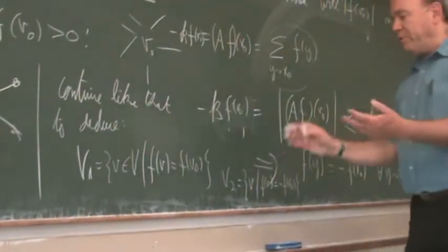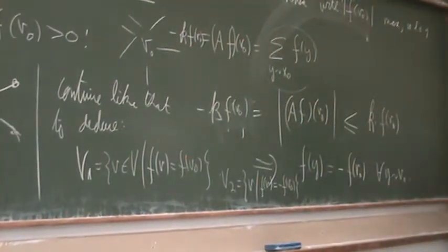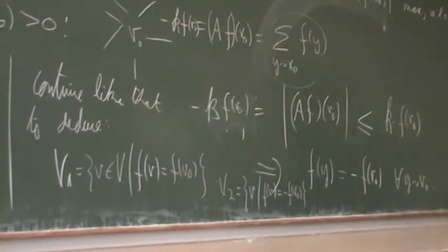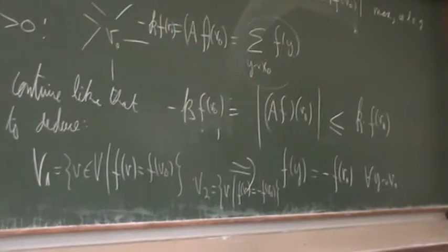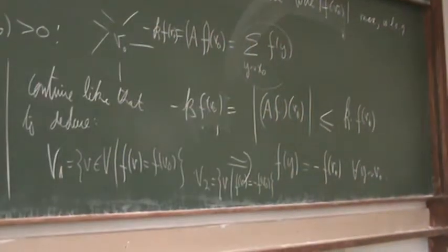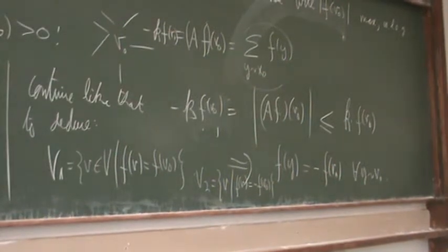This gives two parts, and all the edges go from one part to the other. That's a simple argument. You can complete it by yourself.